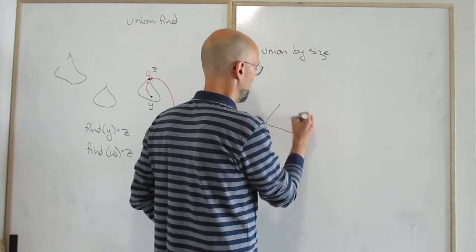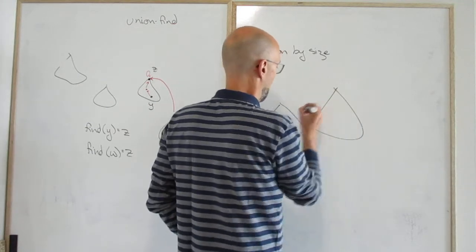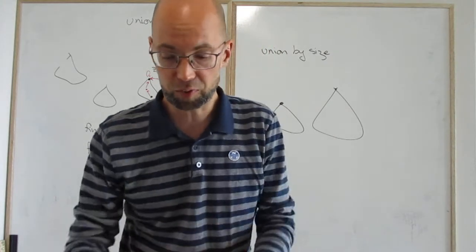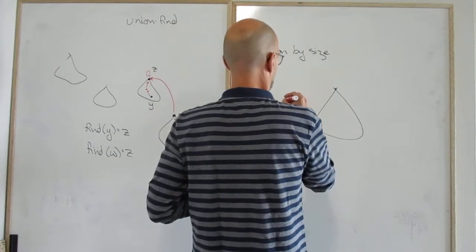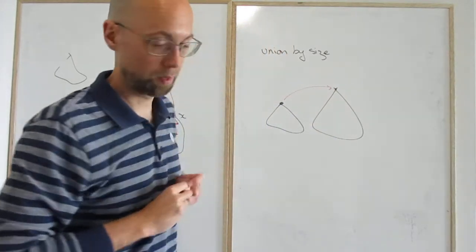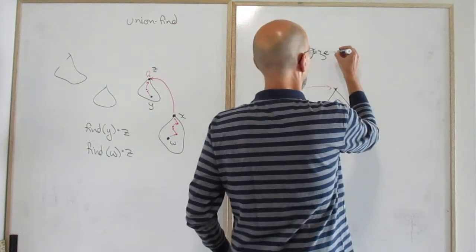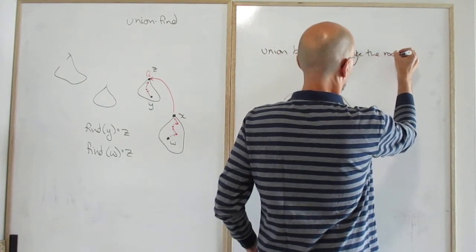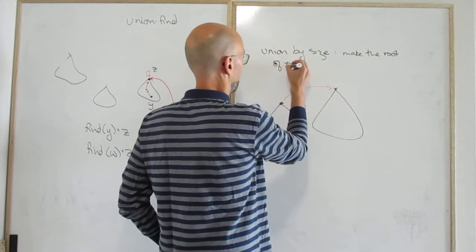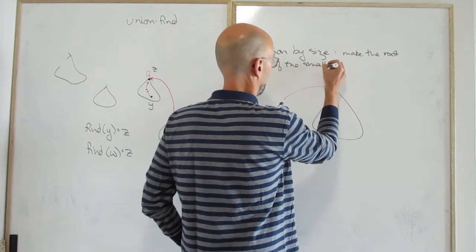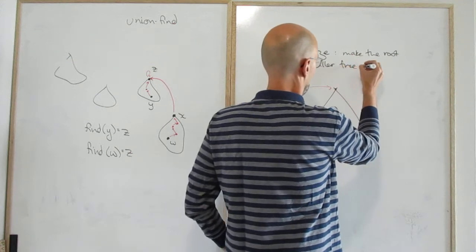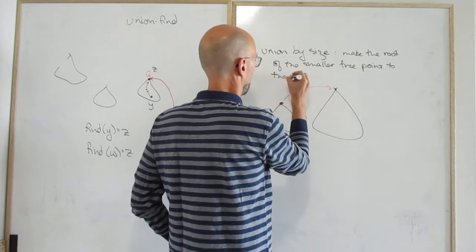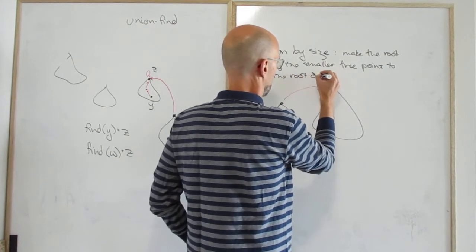I'm always going to take the smaller tree and make the representative of the smaller tree point to the root of the bigger tree.